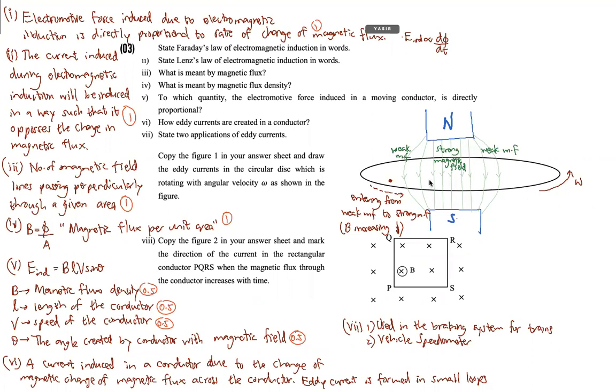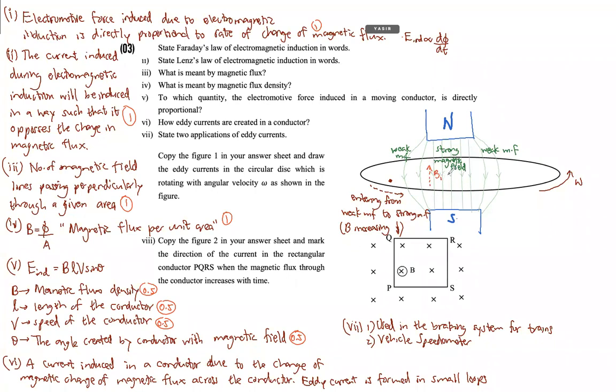We should create a magnetic field in the opposite direction. Correct? That is what Lenz's law means. Now you are entering from a weak region to a strong region, so as you move slowly, the downward magnetic field is increasing. As you move inside like this, if B is increasing downwards, according to Lenz's law, a B must be induced in the opposite direction.